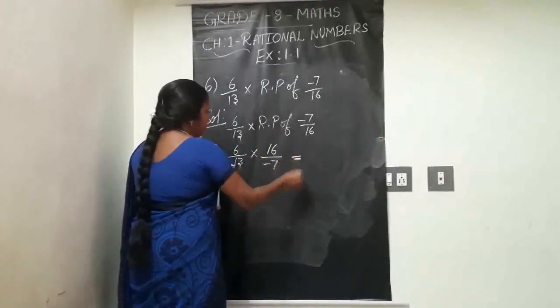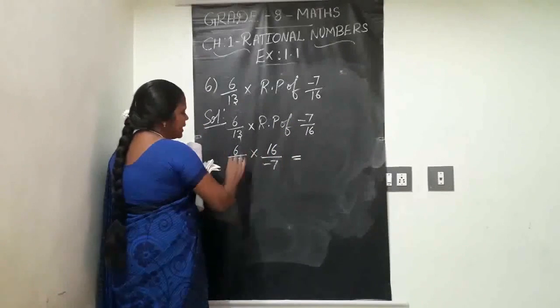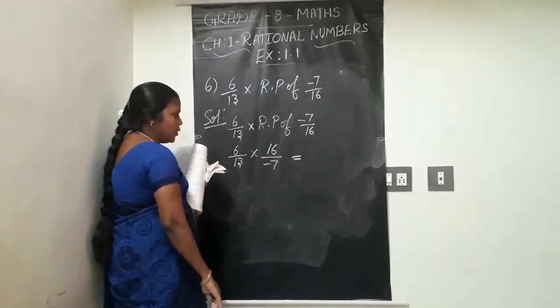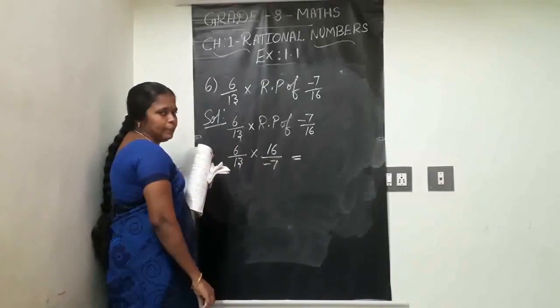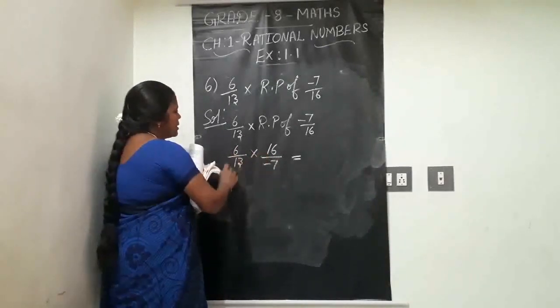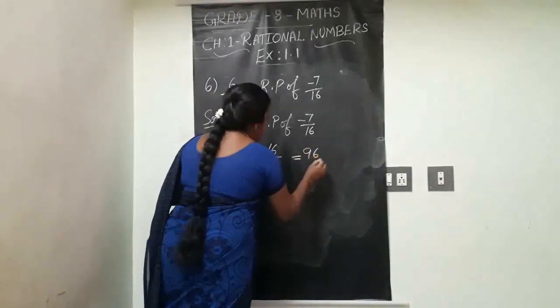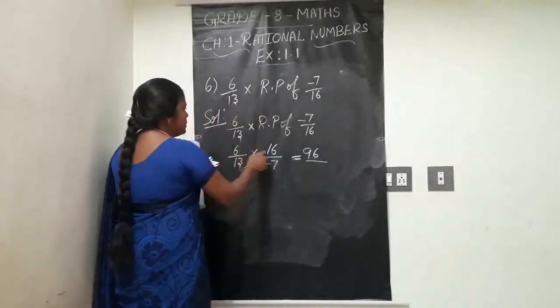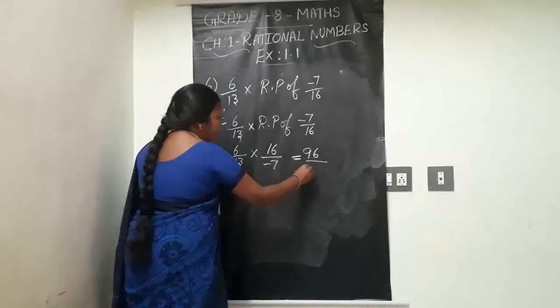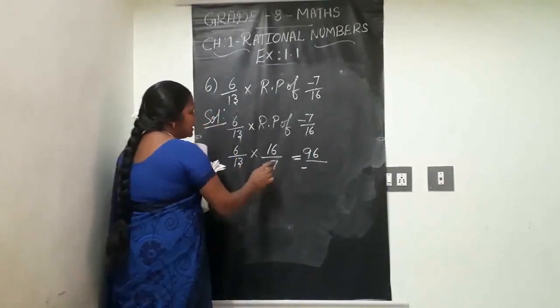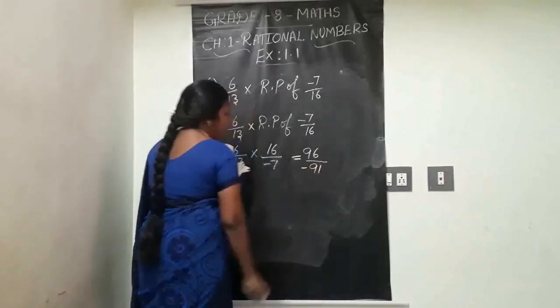What answer will come? Is there any possibility to simplify? No. Just multiply both numerators and denominators. 16 sixes are 96, and plus into minus is minus. 13 sevens are 91.